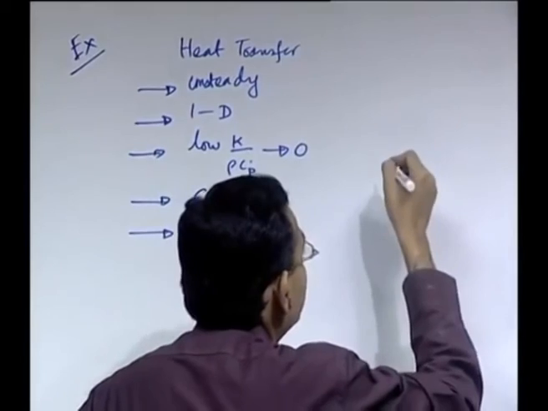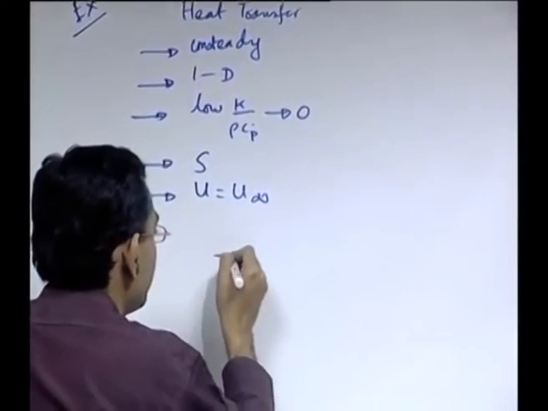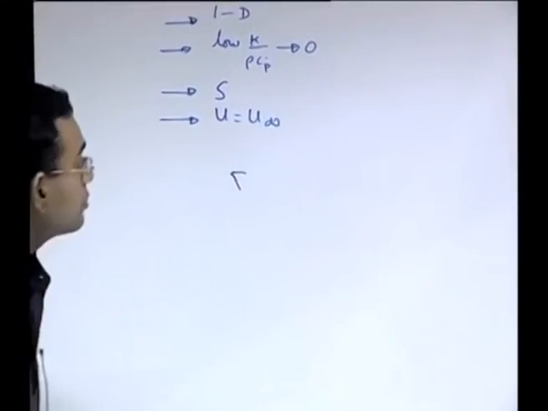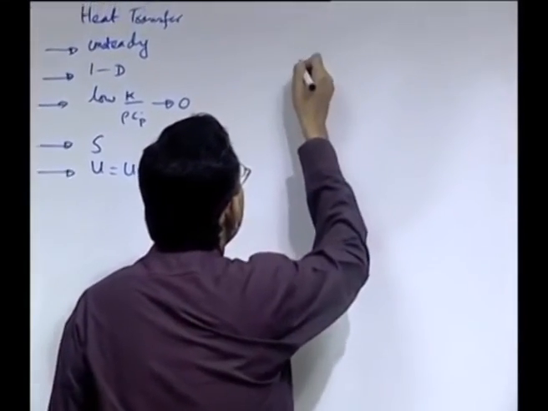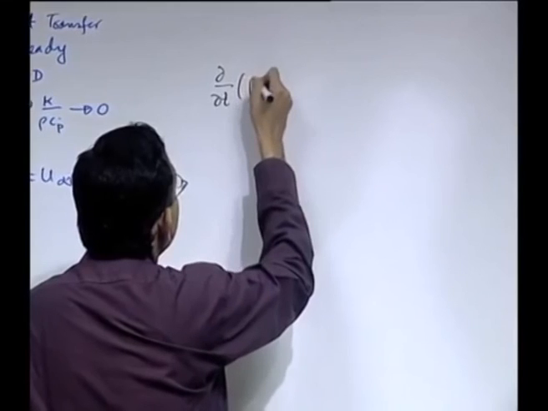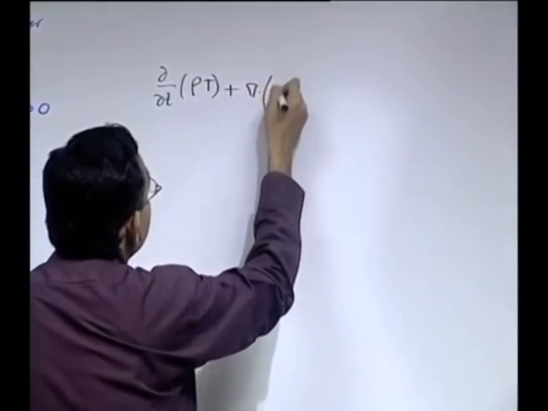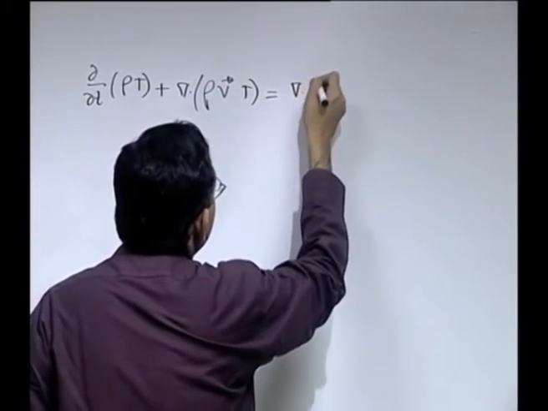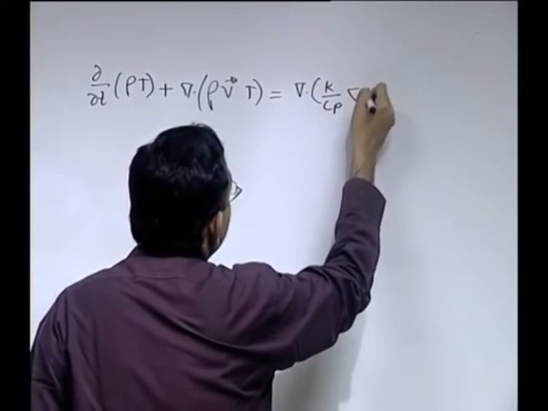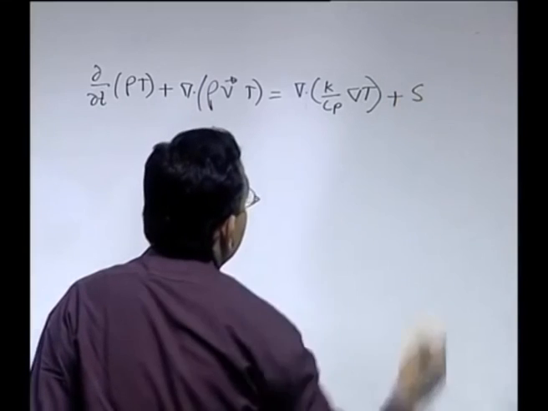So let us write the most general form of the conservation equation, plus some s. So, let us consider the simplifications.